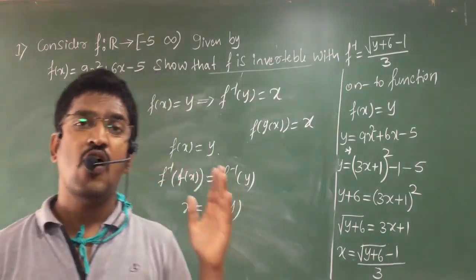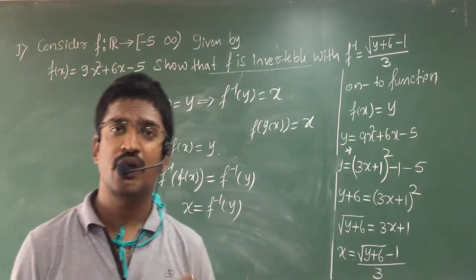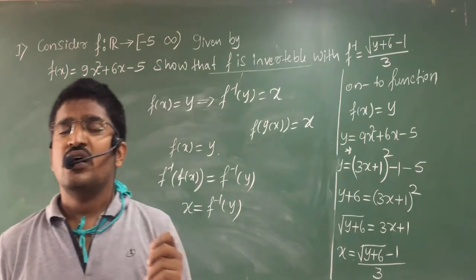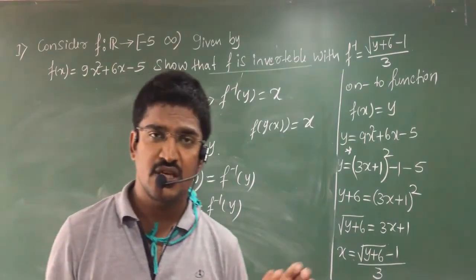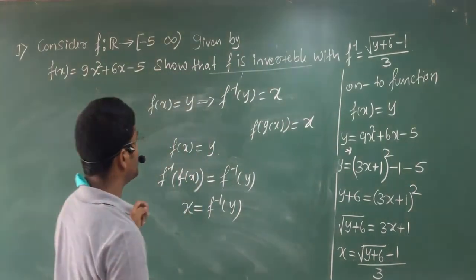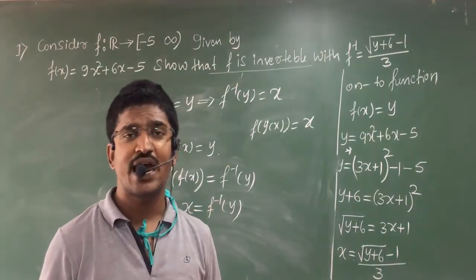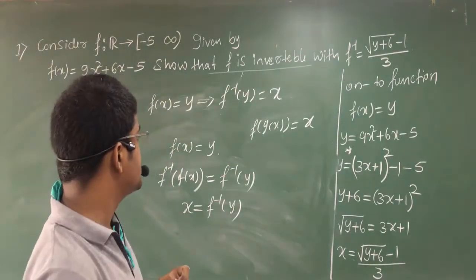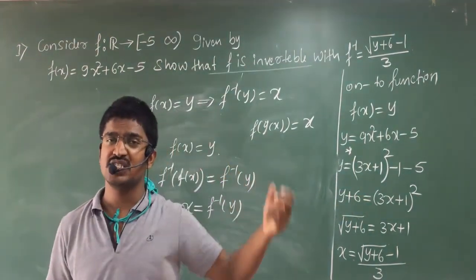I think all the doubts are cleared in that particular problem, because it is a very important problem that is asked in so many board exams. Clear? That's why I am explaining all the terms in detail so that you do not have any confusion. Now this step is cleared, the writing of the inverse image.